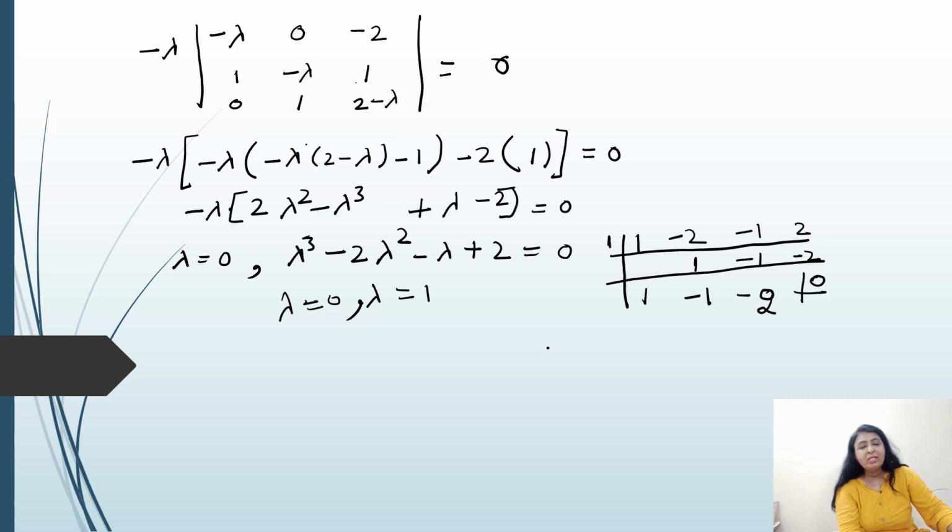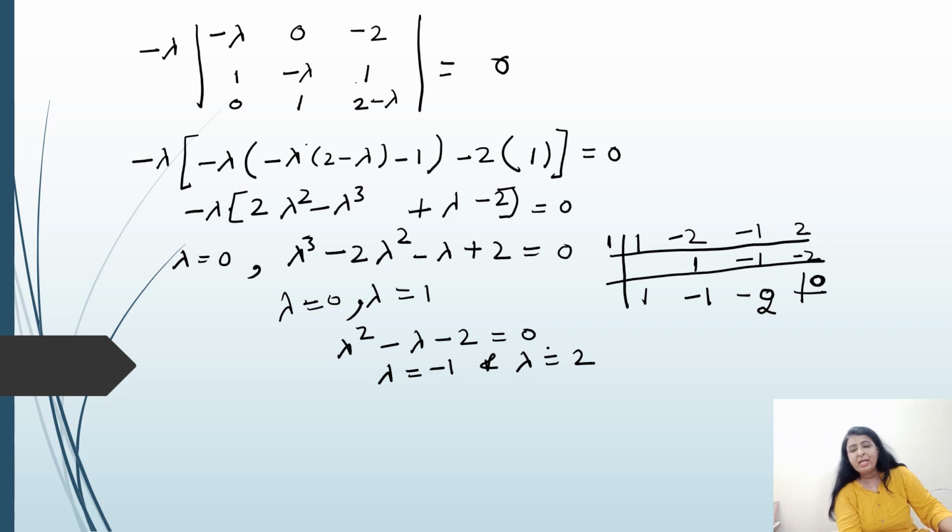If you are getting 0 over here, only then the root we have selected is correct. So we are getting the quadratic equation lambda square minus lambda minus 2 is equal to 0. It's a quadratic equation, so you can solve it. On solving it, we get the roots as minus 1 and 2.